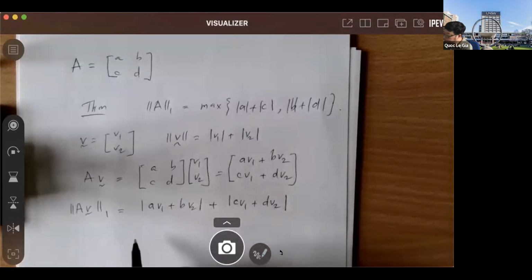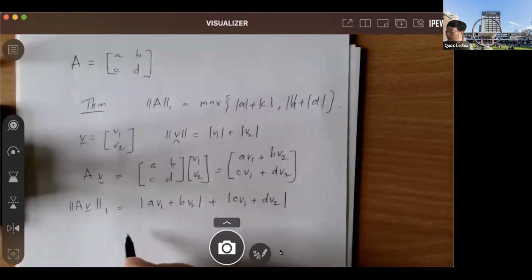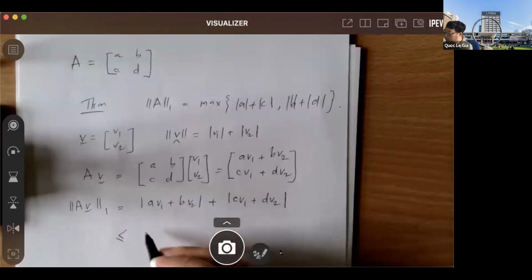And now I have the triangle inequality, right? So by the triangle inequality, I can take out the absolute values.